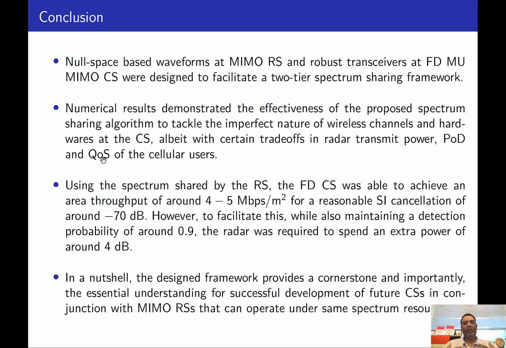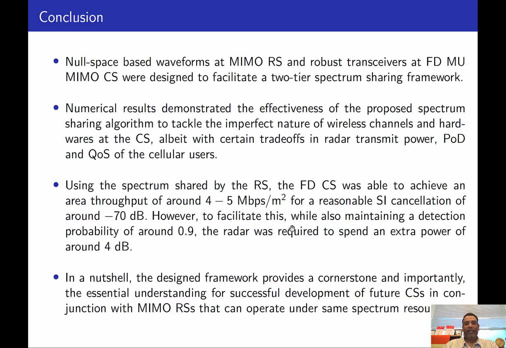So to get the required quality of service data rate for the cellular users, we need to manage the interference, and to enhance the probability of detection, the radar has to transmit more power. Using the spectrum shared by the radar system, the full duplex cellular system was able to achieve an area throughput of around 4 to 5 megabits per second per meter square for reasonable SI cancellation of around minus 70 dB.